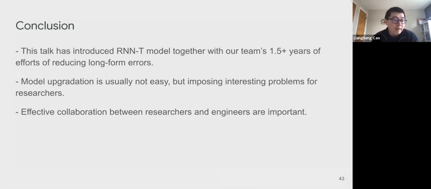My colleagues Tara and Bo in Google Speech already have some papers, and I think they will make more efforts to make that paper into production. But going into production means the recipe must be very matured, and then you cannot make mistakes.